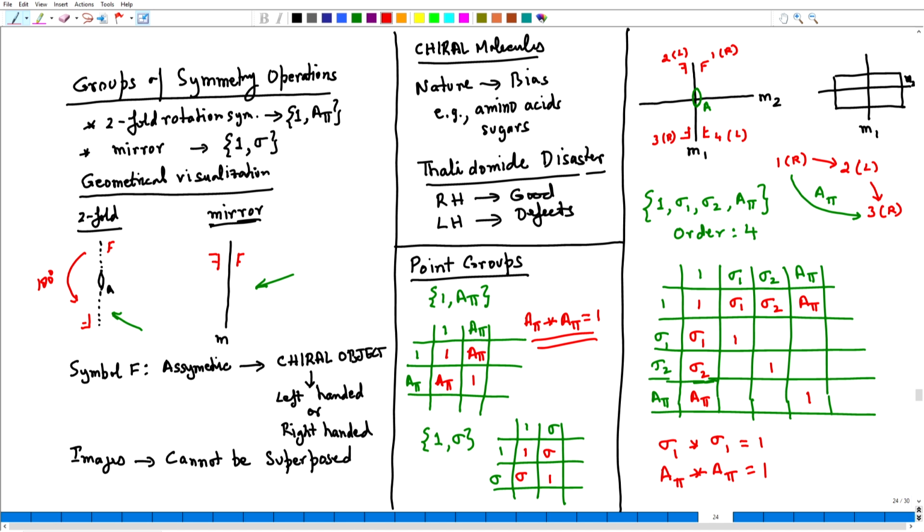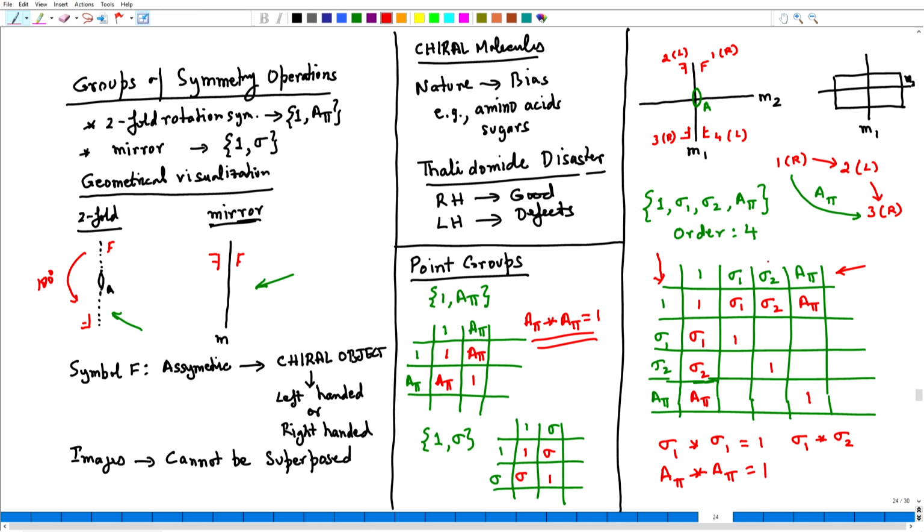Now it becomes simpler to fill the rest of the cells. I am using the top row as the first operation, followed by the operations in the first column. First, that is the operation I do, and I follow it up by those different operations.